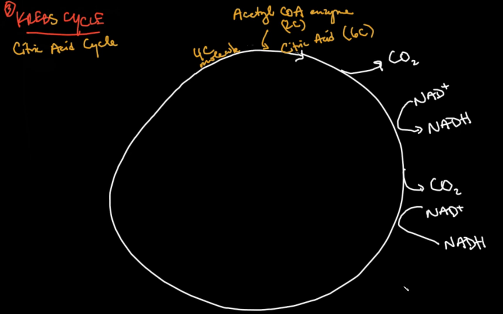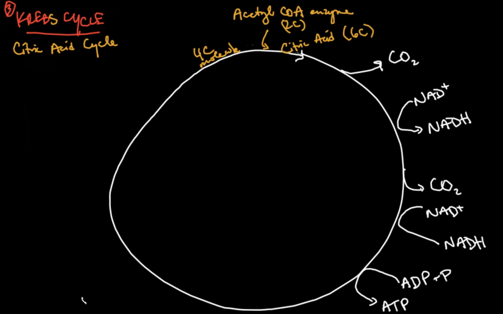But we can't forget that a little bit of energy is removed from this cycle when ADP plus P gets phosphorylated to make ATP, a small amount of it. So it's really 1 ATP here per acetyl-CoA, or 2 ATP per glucose molecule.